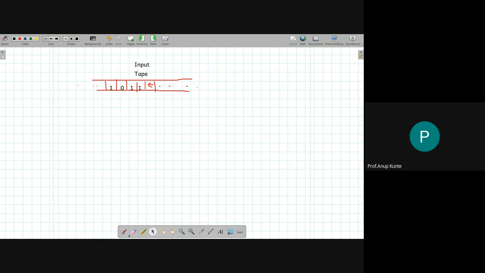Then I have the device itself as a box, and this device has a table to which it refers whenever it wants to find out the transition. This table is referred to as the transition table.